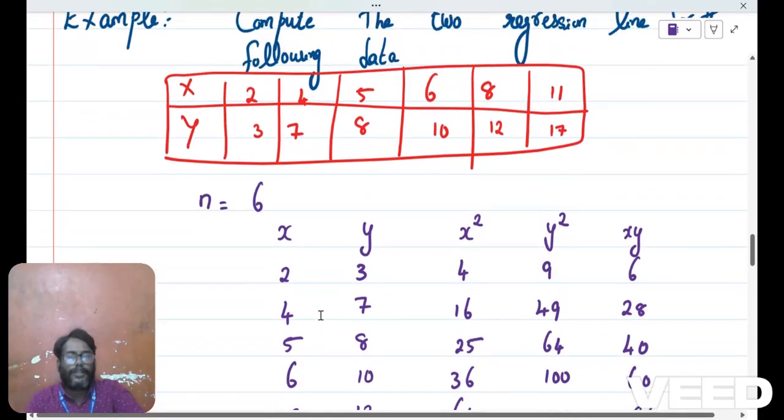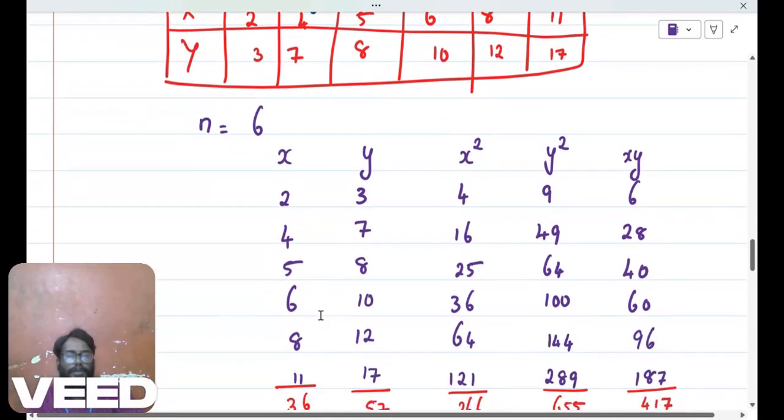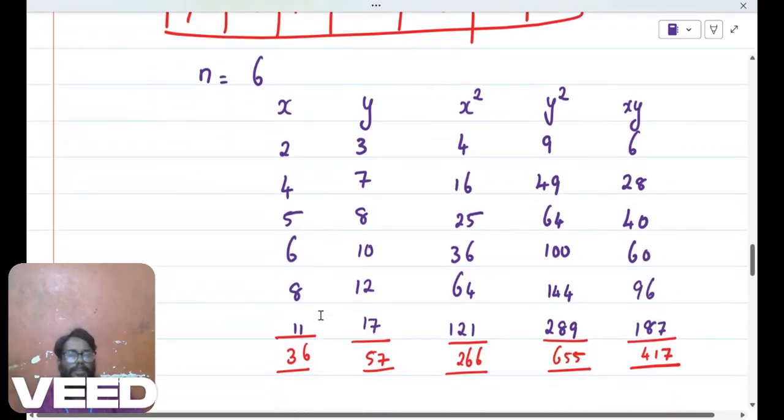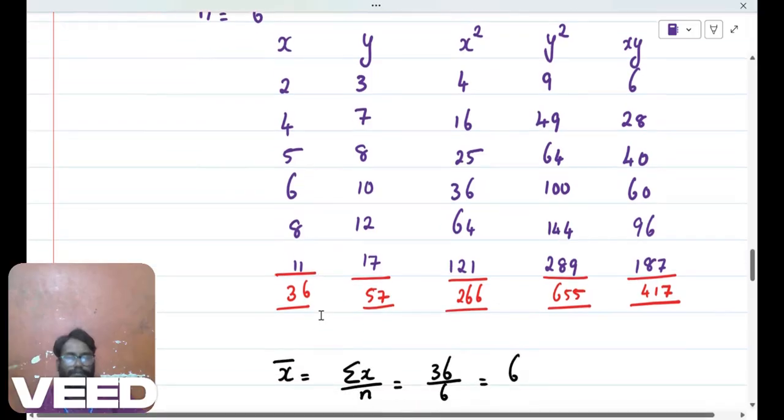So the number of data is 6, that is n is equal to 6. First we need to compute sigma x, sigma y, sigma x square, sigma y square, and sigma xy. The values are sigma x is 36, sigma y is 57, sigma x square is 266, sigma y square is 655, and finally sigma xy is 417.